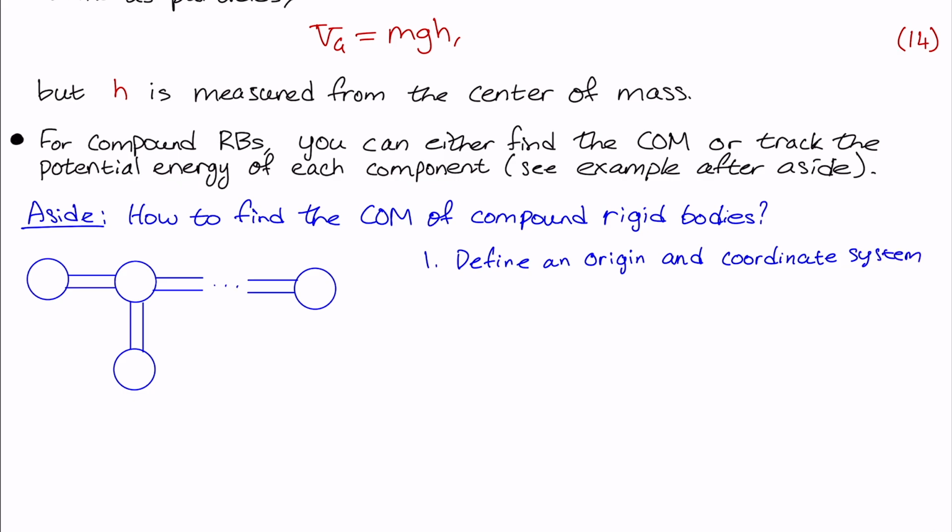We want the coordinate system because we're going to need to determine position vectors for every subcomponent of our compound rigid body. And that actually is step 2. So we're going to determine position vectors for each component.